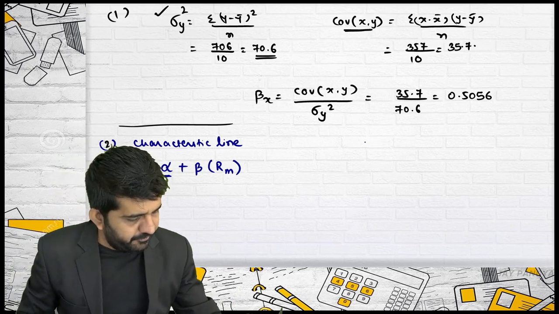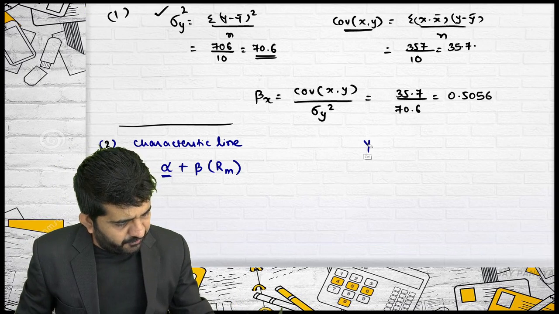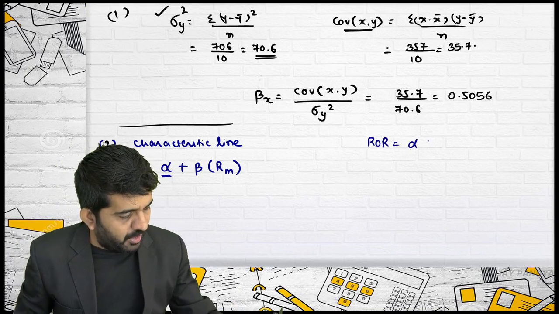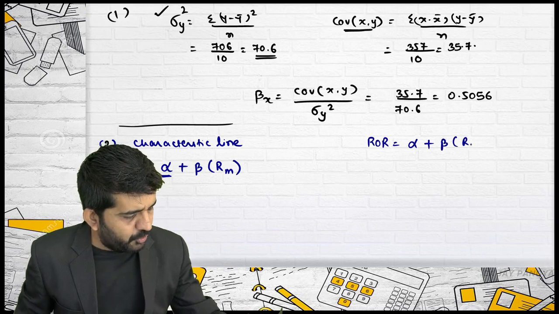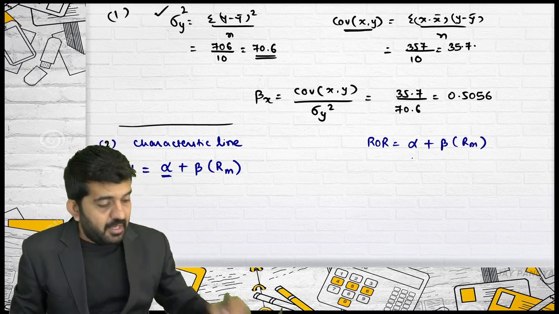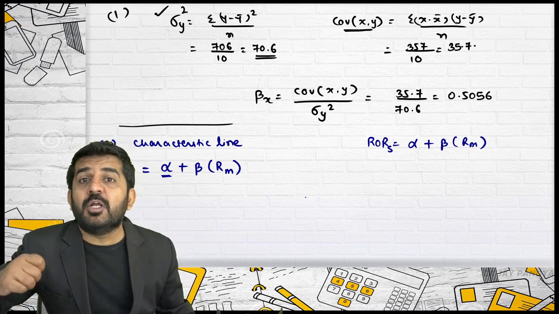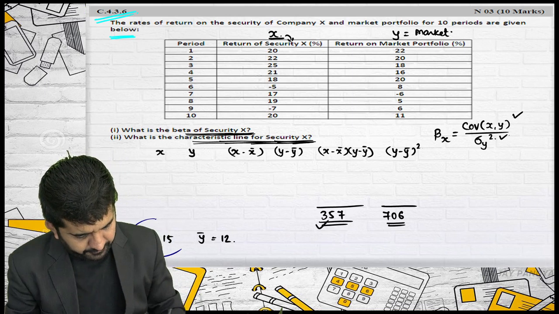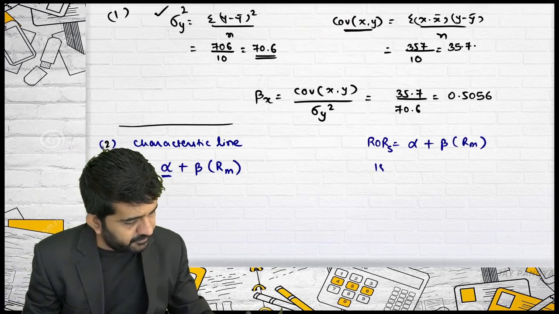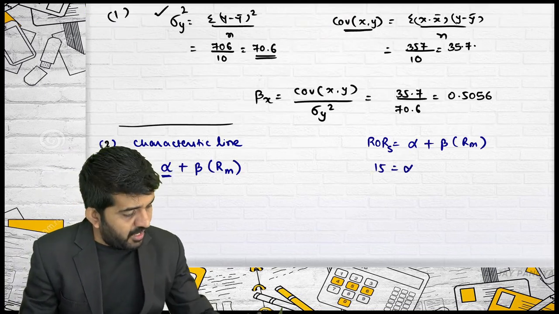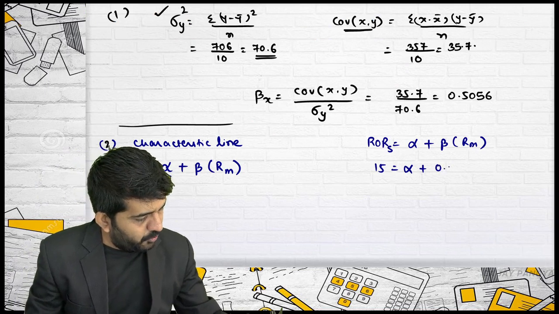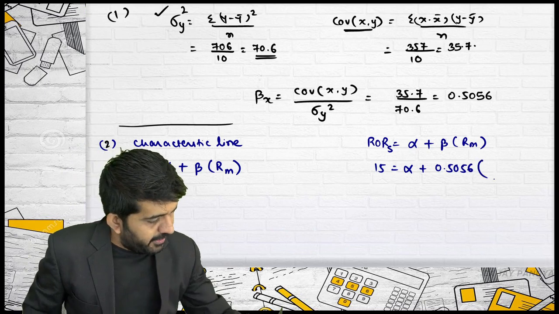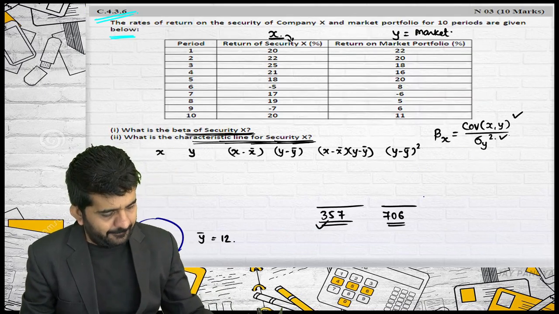Try to concentrate. Expected rate of return, or rate of return, is equal to alpha plus beta into RM. I know the actual average rate of return of the security, yes, X bar is 15. Alpha plus beta 0.5056 into RM.